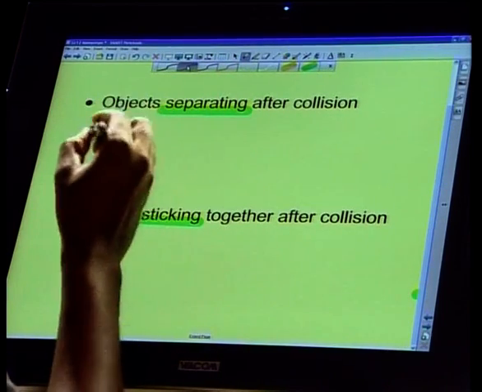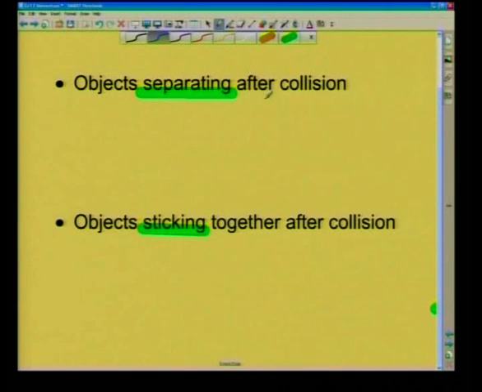If I've got two objects, okay, I've got object 1. Say it's a trolley. So this is 1. I've got object 2, another trolley. Okay? Now, when they collide, they can collide here. So this is the situation before collision.